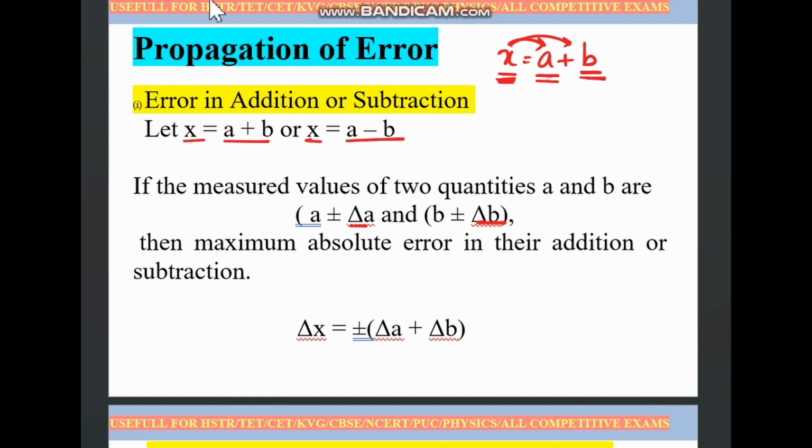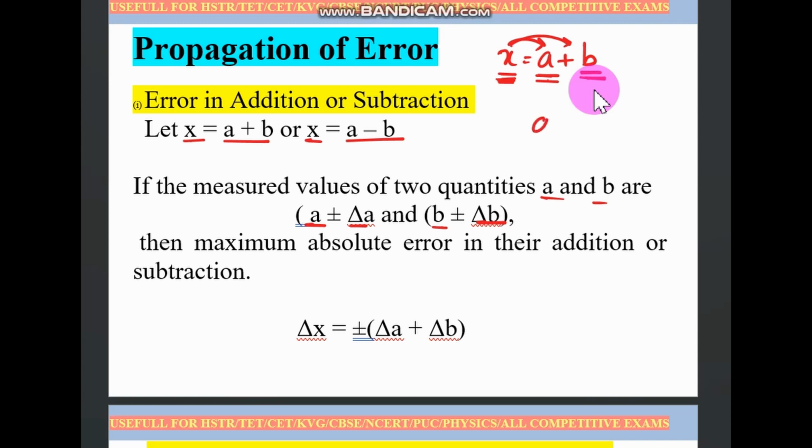x may also be equal to a minus b. Both you can take in the same case, means in addition or subtraction, the same thing will happen. If the measured values of two quantities are a plus or minus delta a, and b plus or minus delta b, it means a is a little bit more or less than the exact measurement of a, and b is a little bit more or less than the exact value of b.